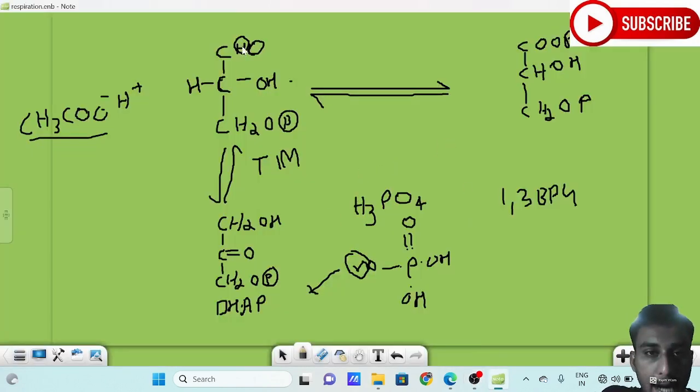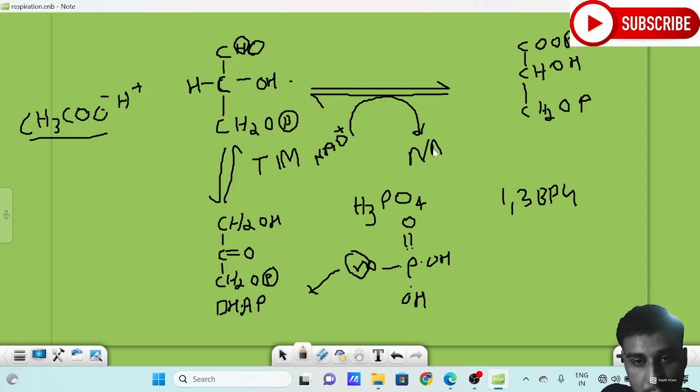So 2 hydrogens have been released from here and here. That 2 hydrogen is accepted by NAD, nicotinamide adenine dinucleotide, and it gets reduced to form NADH2, or we can write NADH, H plus. Okay, so this is the condition.